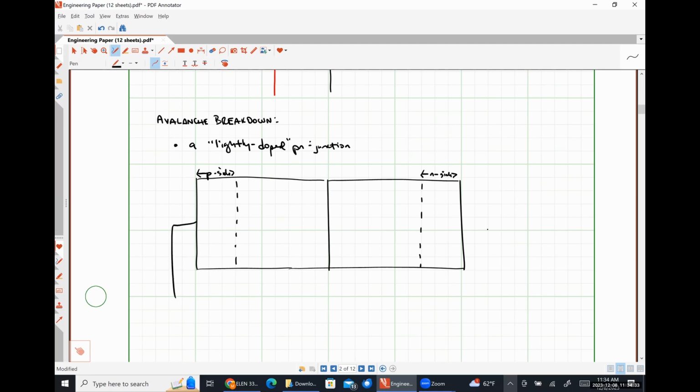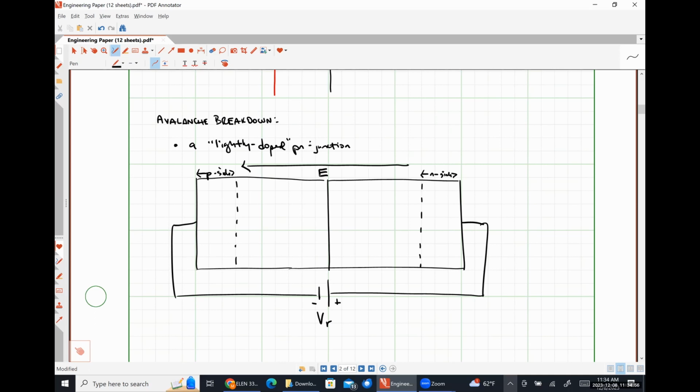Let's put our voltage down here. Negative, positive, VR. And we can see that our combined electric field is very, very large. Okay.